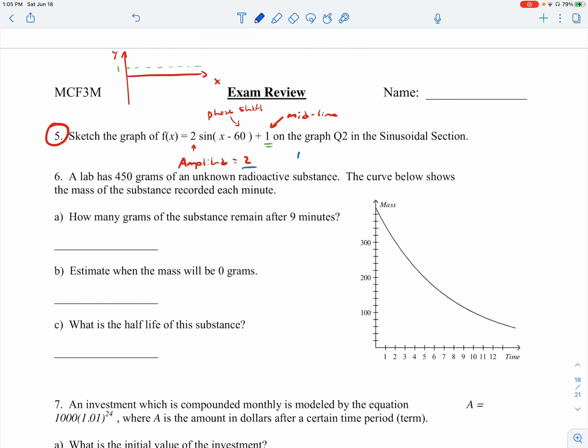Okay, so my max value is going to be the midline plus amplitude, which is going to be 1 plus 2, which is 3. So there's a max at 3. And the minimum is going to be the middle minus the amplitude. So 1 minus 3, negative 2.